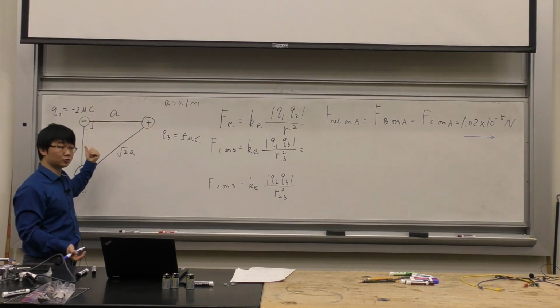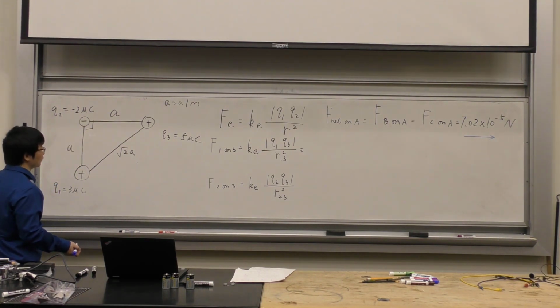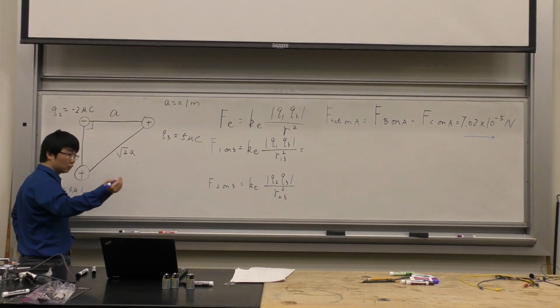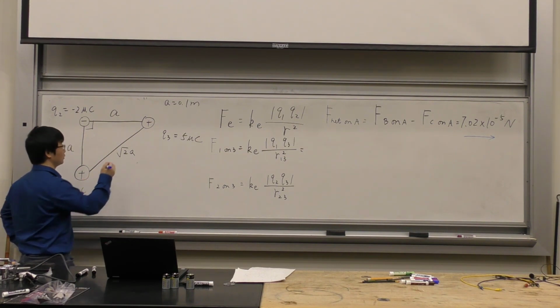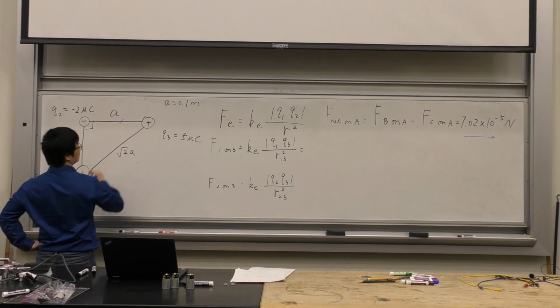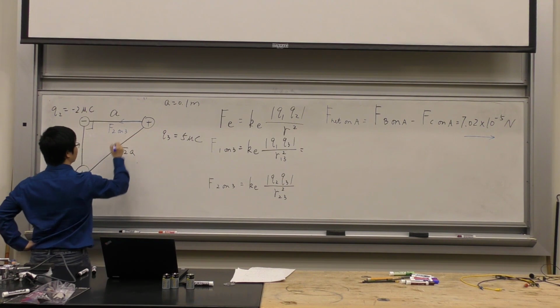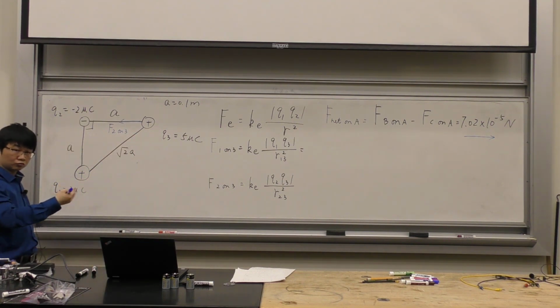I don't draw an arrow on Q2. So Q2 is going to attract Q3. That means it's going to pull Q3 a little bit closer, right? So that's the force from 2 on 3, and that's horizontal, okay?